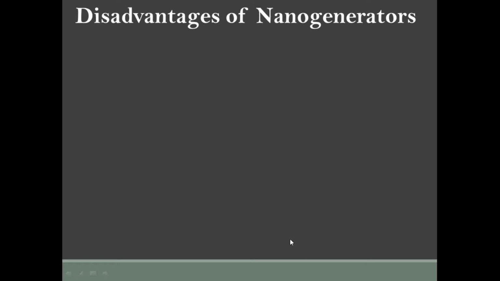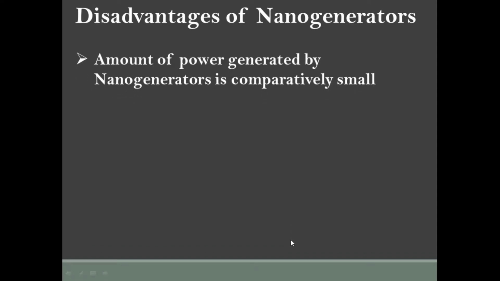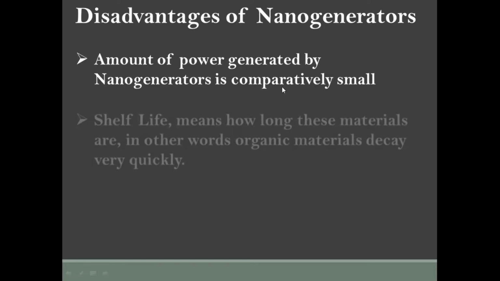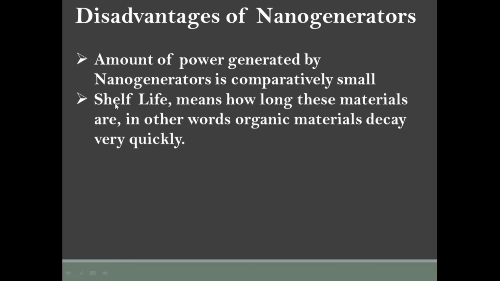Whenever we talk about the disadvantages of nanogenerators, it is a universal truth: if something has a lot of advantages, then definitely it will have some disadvantages. Nanotechnology is going to change our life, but it also has some disadvantages. The amount of power generated by the nanogenerator is comparatively very small, and shelf life, meaning how long these materials last, is limited.